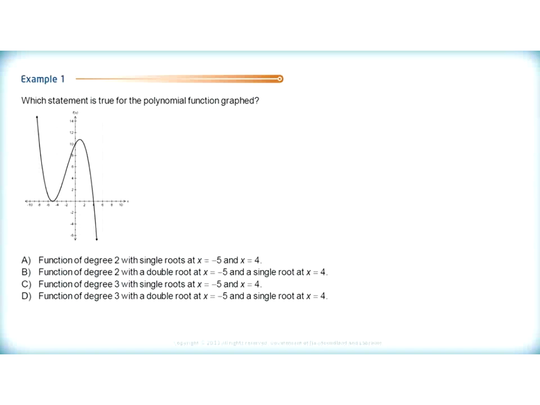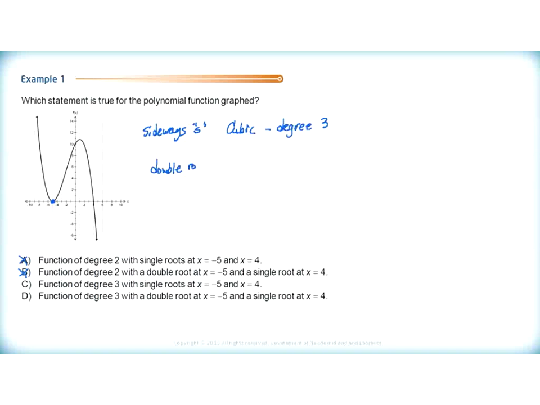As I look at the function, I know because the graph is a sideways S that we're dealing with a cubic function. All cubic functions are of degree 3. So that eliminates A and B as possible multiple choice items. Looking at the graph, there is a double root at x equals -5.